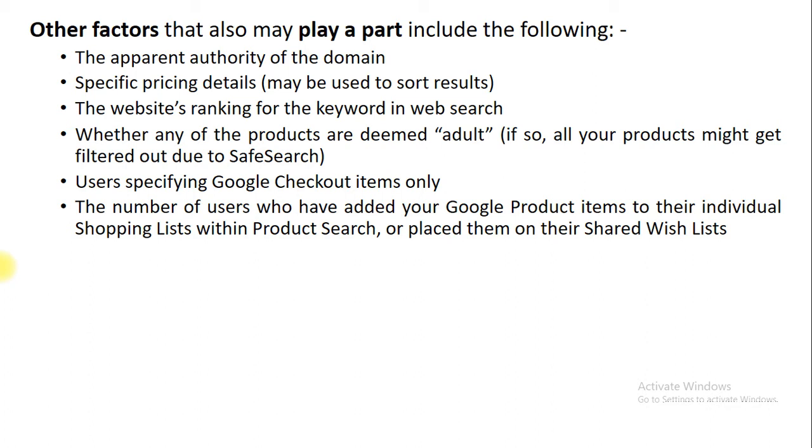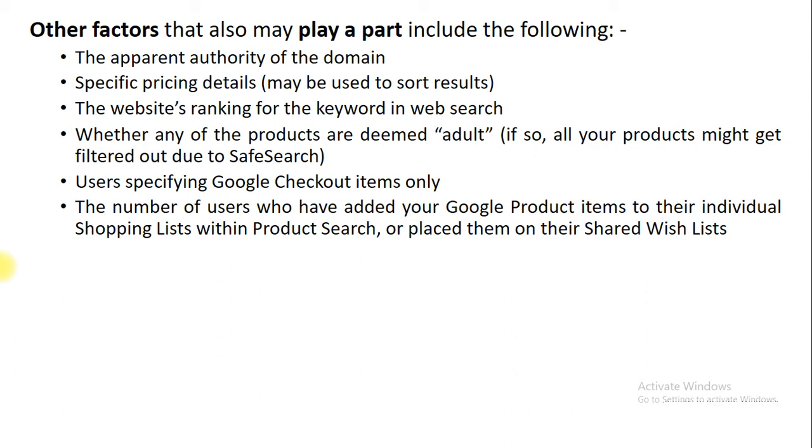If your product has been built for adults or is being sold to adults, then for providing safe search, you need to confirm the age of people first. So you need to take care of safe search regarding the product. Next is users specifying Google Checkout items only.